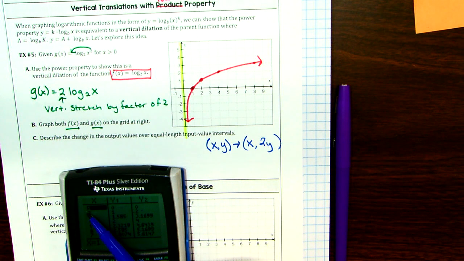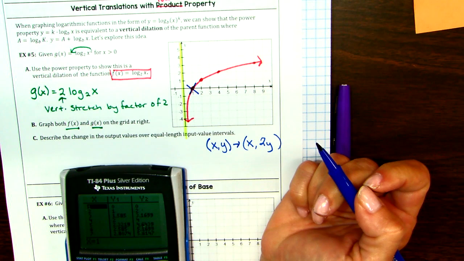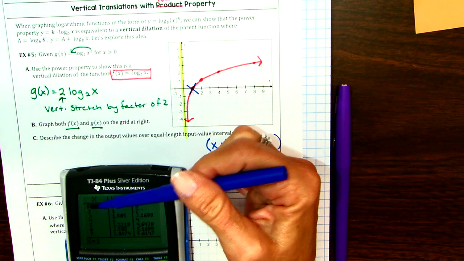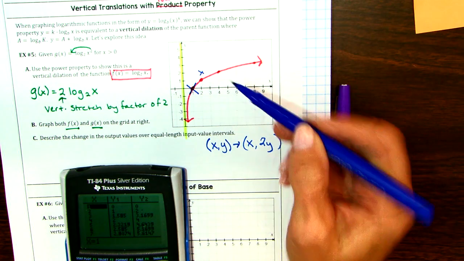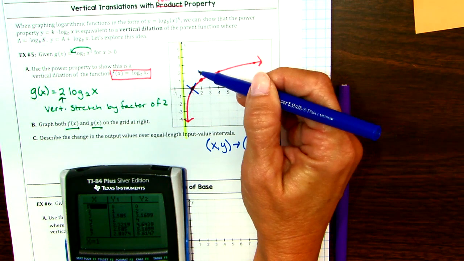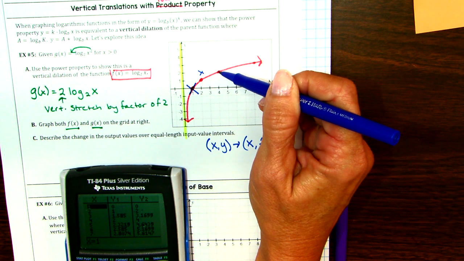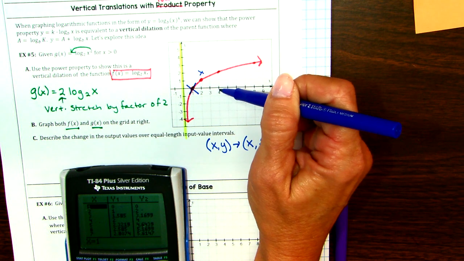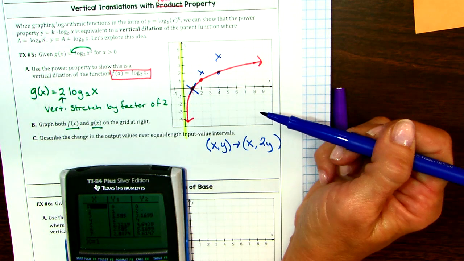And so if you look at your table, all of your y values have been multiplied by 2. So we have a point at 1, 0 still, okay, 1, 0. And then we have another point at 2, 2. That makes sense. The 2, 1, the 1 got multiplied by 2, so it became 2. I don't even have to look at my chart. If I have a point at 4, 2, my next point would be at 4, 4. That's multiplying this y value by 2.